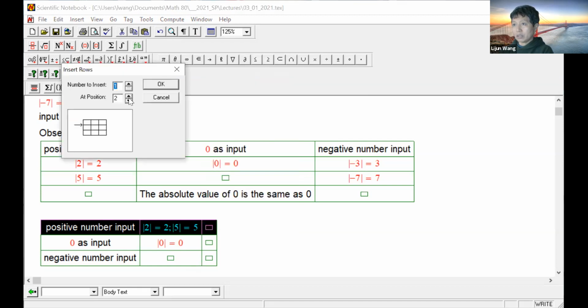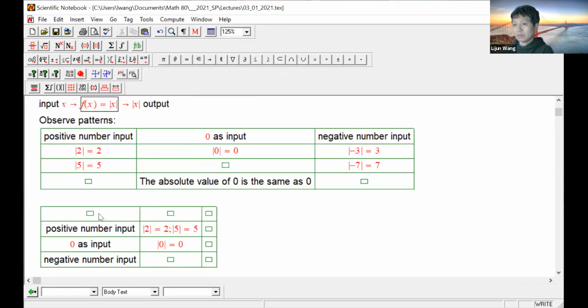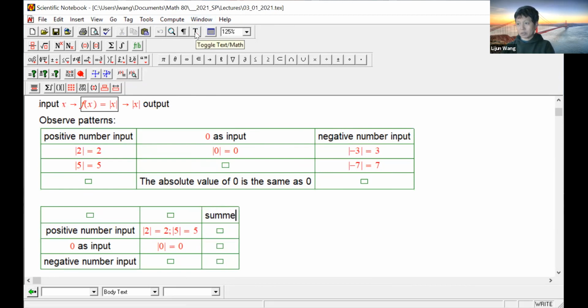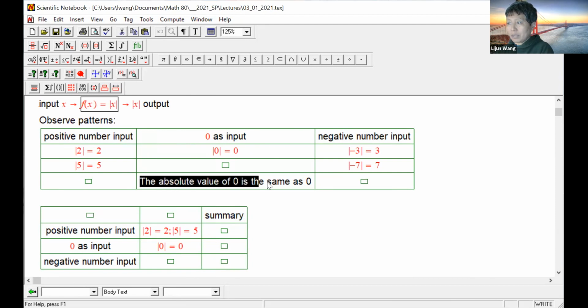So let me put it on this row here. We're going to summarize. What have you seen for a negative number as input? For 0, do you agree with this summary I put there?